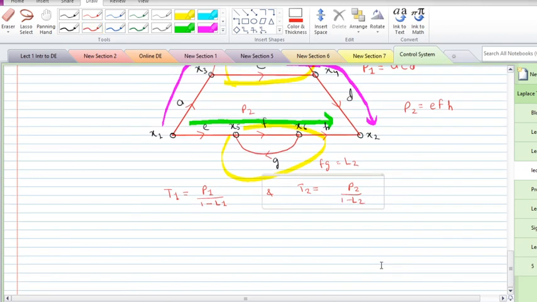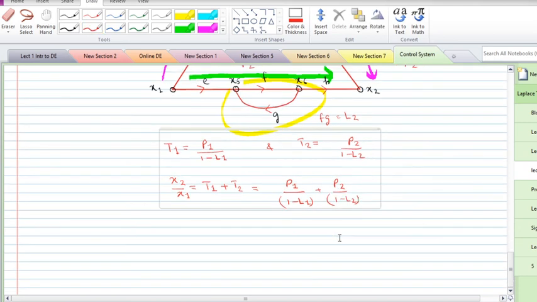Now solving for x2 divided by x1, because x2 is the output node and x1 is the input node, we can add these two transfer functions because they are in parallel. So finally we came to the conclusion that we can write P1 divided by 1 minus L1 plus P2 divided by 1 minus L2.